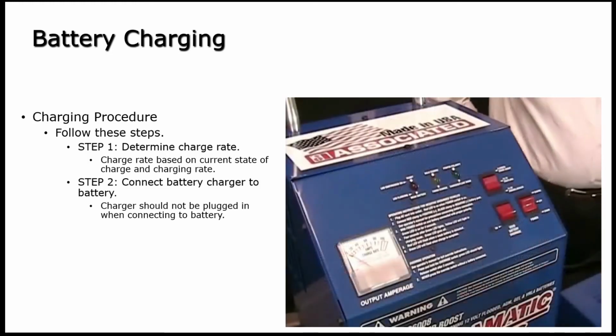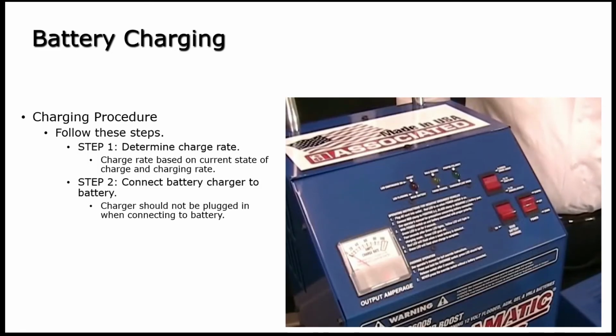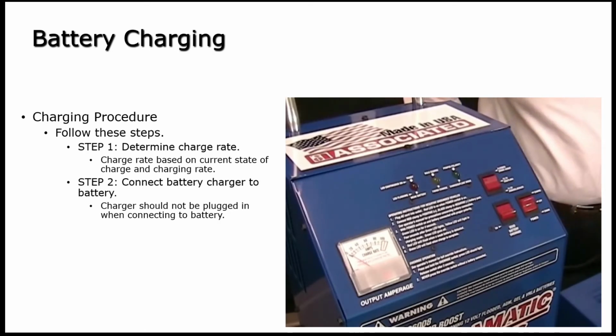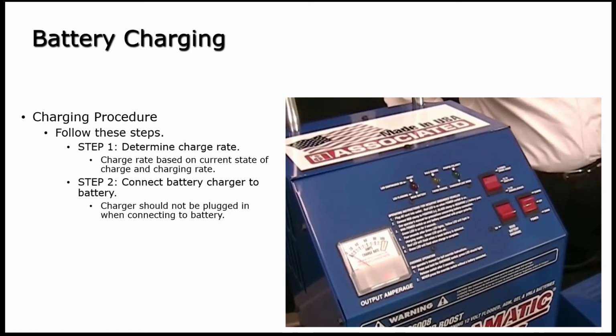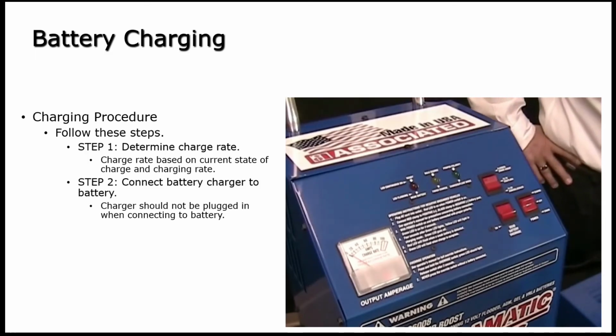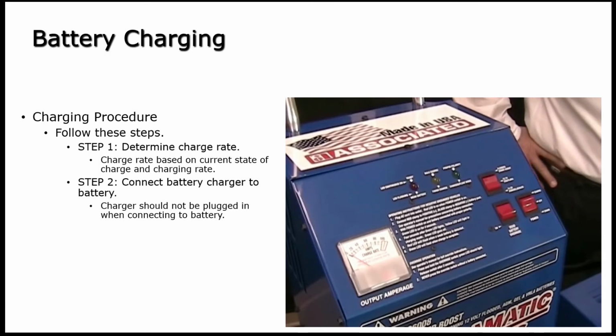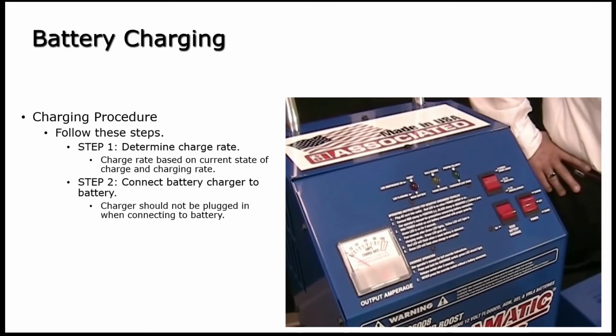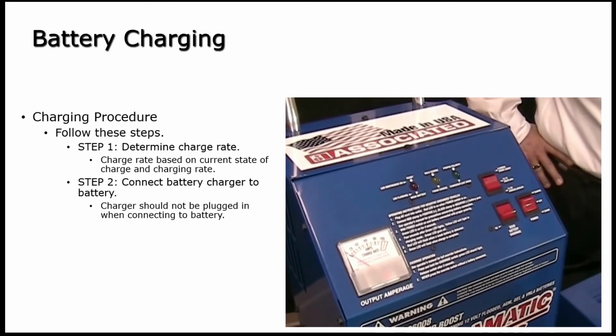What we have here is Associated's newest Intellimatic smart charger model, ESS 6008. This charger is loaded with features. First of all, it's a 60 amp charger, 70 amp power supply mode, and it delivers up to 270 amps of boost assist. This charger also has a mode called deep discharge recovery.